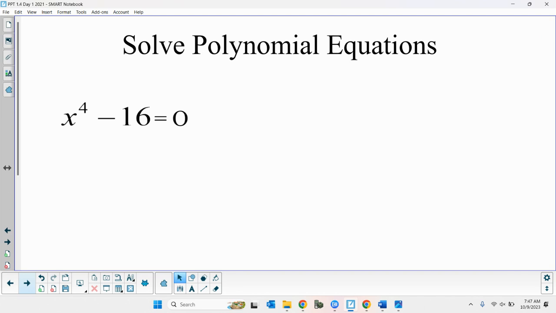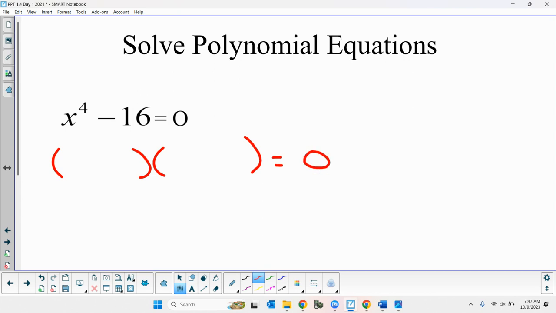No. Is it a difference of squares? Yeah, it is. So, Brendan, how do I graph this difference of squares? Factor this difference of squares, not graph.